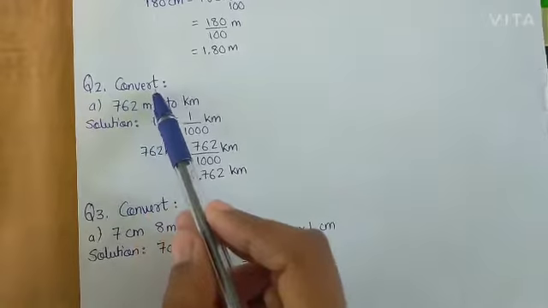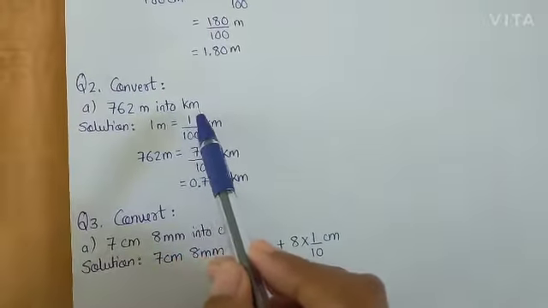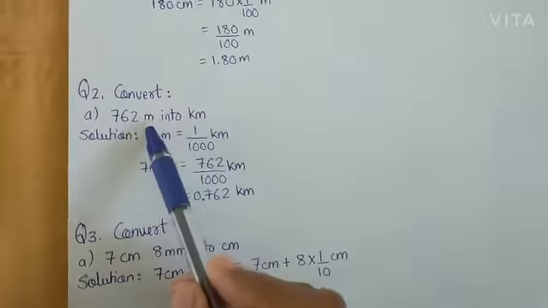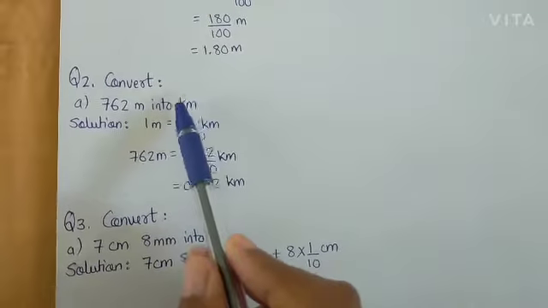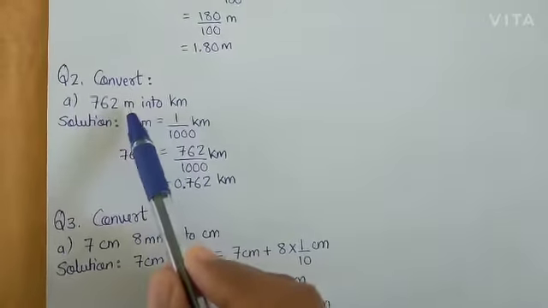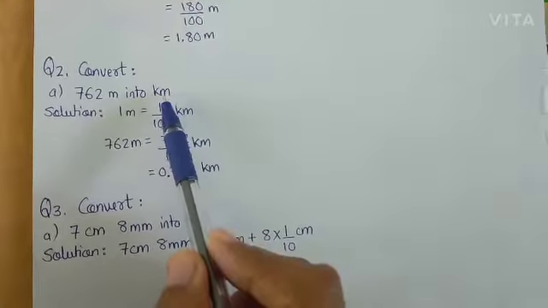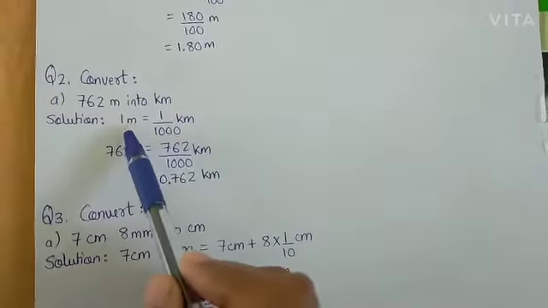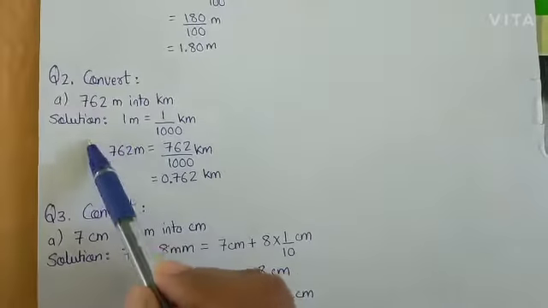Question number 2, convert (a) 762 meter into kilometer. Now here we have to convert meter into kilometer. Again here meter is the smaller unit of length and kilometer is the bigger unit of length. To convert from a smaller unit of length to a bigger unit of length, what do we do? We divide. So we will divide by 1000 because 1 meter is equal to 1 upon 1000 kilometer.